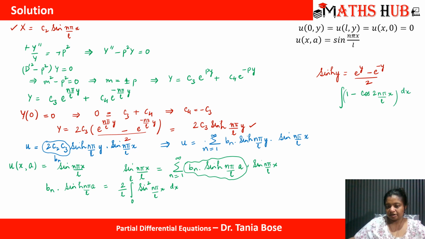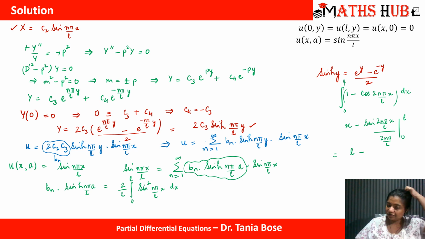So integration from 0 to L. So it will become x minus cos integration is sine. So we have sine 2n pi by L x divided by 2n pi by L, integration from 0 to L. So the first term will lead L, and when I put L here, L and L will get cancelled and I'll get sine of 2n pi, that will become 0.